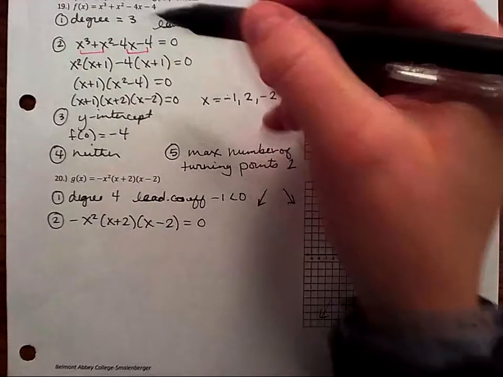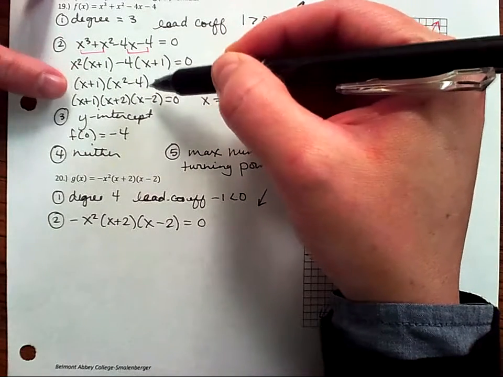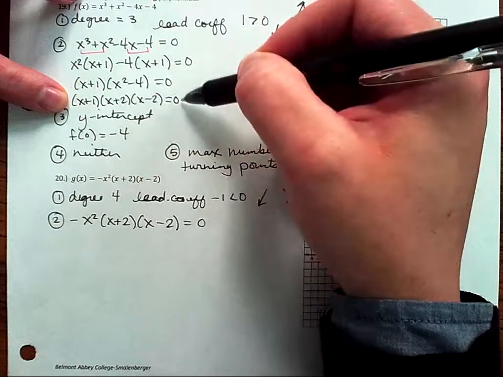So it is all equal to 0. So here, in order to solve this, we factored it, right? And then we set each term equal to 0.